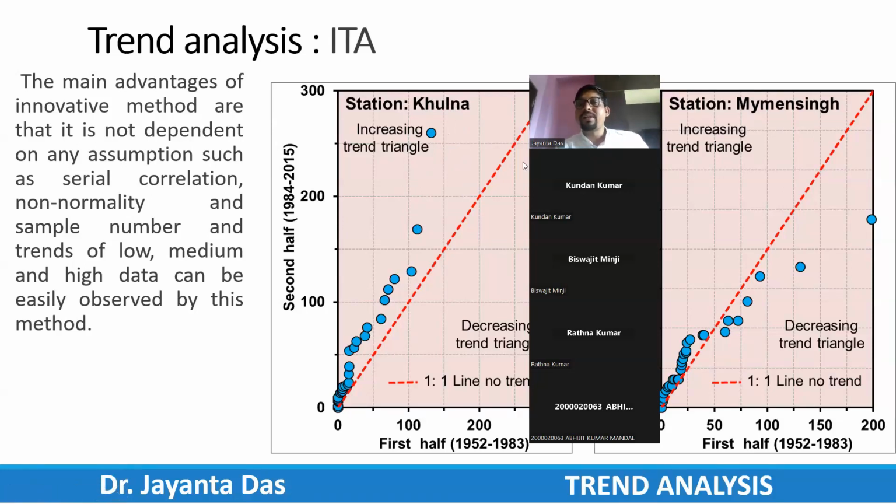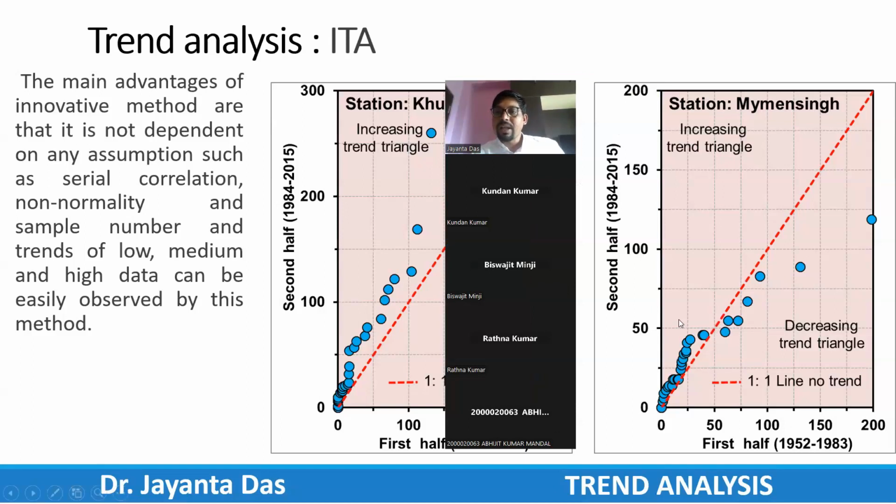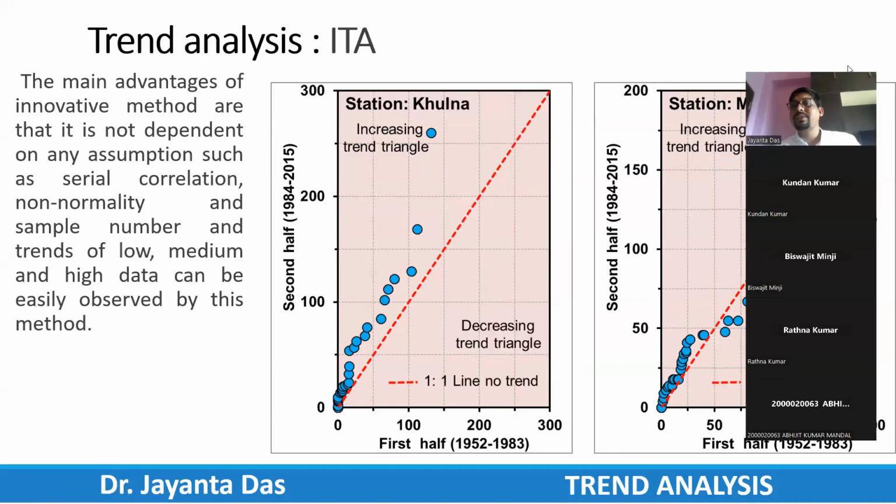But if we divide this data series into three, the low pattern is an increasing trend, then medium is a decreasing trend, and the others are decreasing, a very high decreasing trend. So using this innovative trend analysis we can categorize monotonic trend, non-monotonic trend, monotonic increasing trend and monotonic decreasing trend. So we can easily find sub-trends or hidden trends using this analysis.